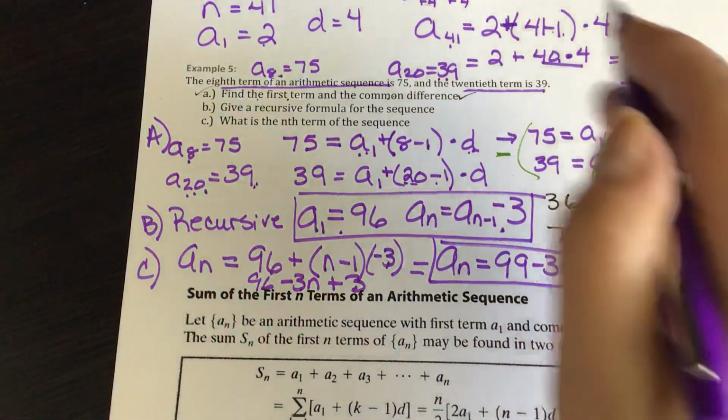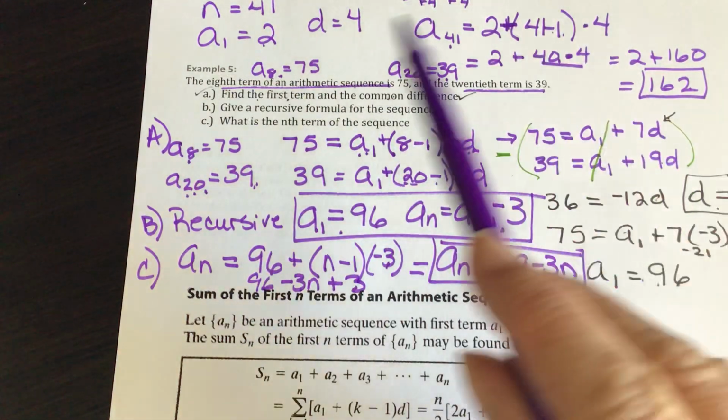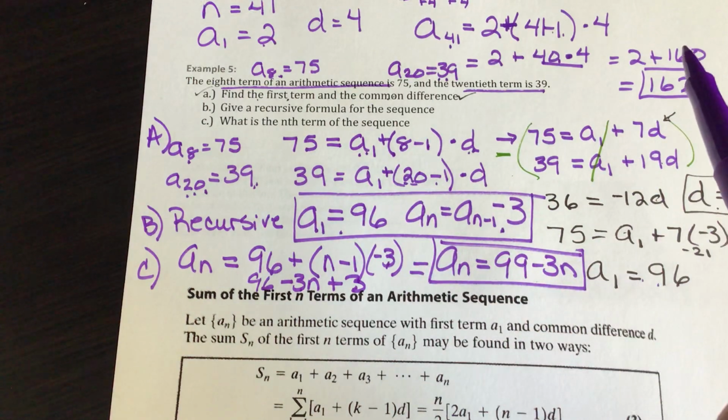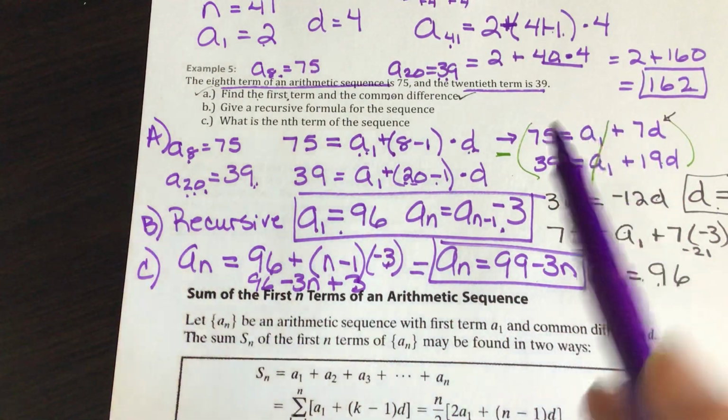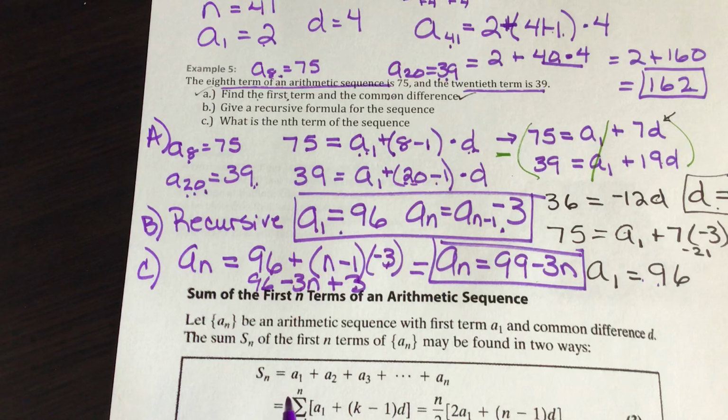All right, so these are all having to do with sequences. Now in a series, remember, we take that sequence and we add up all the values. So down here, this just shows us there's actually two formulas that we could use.